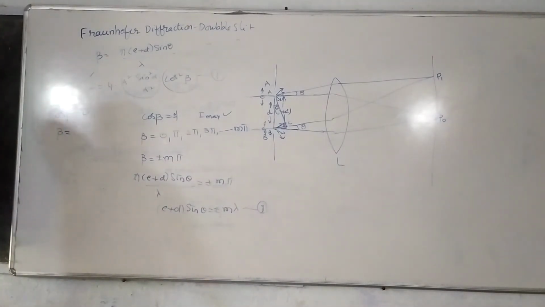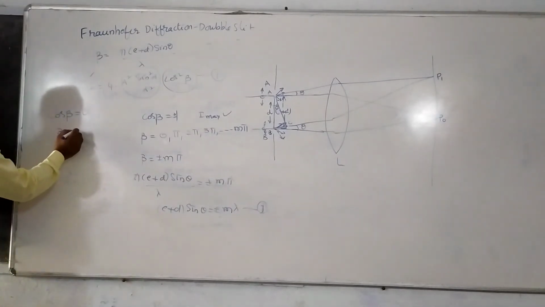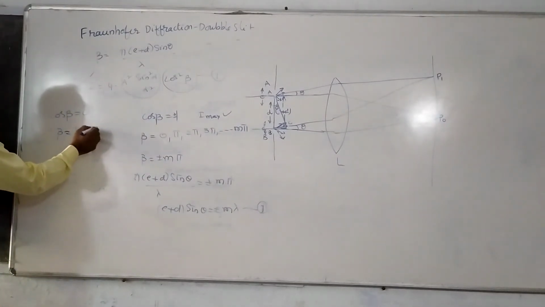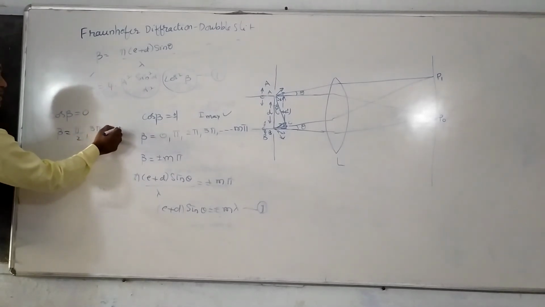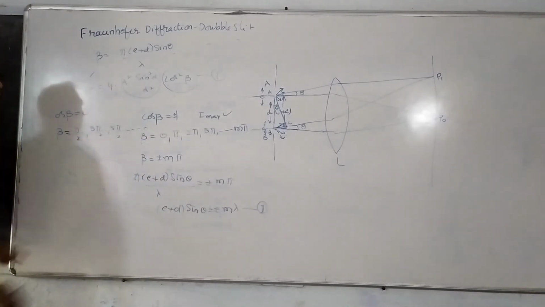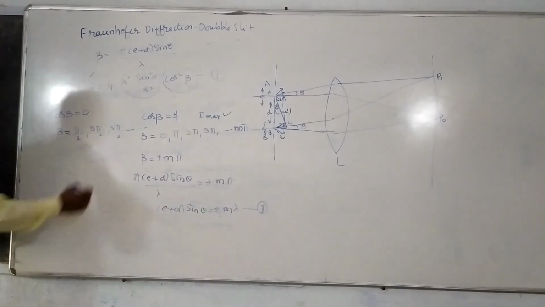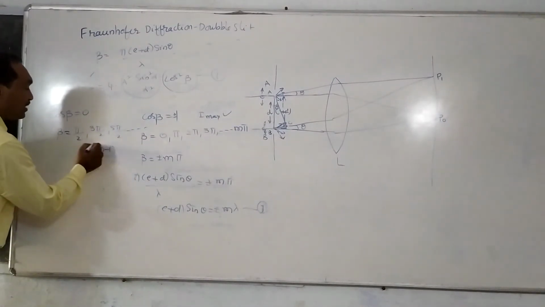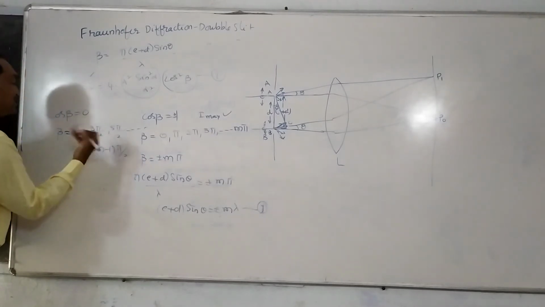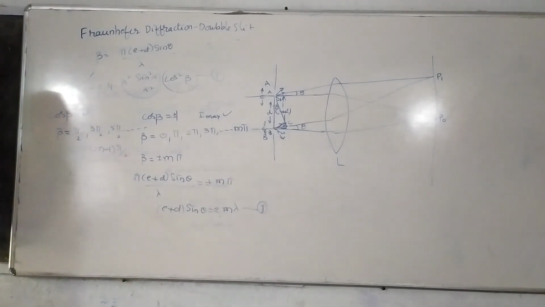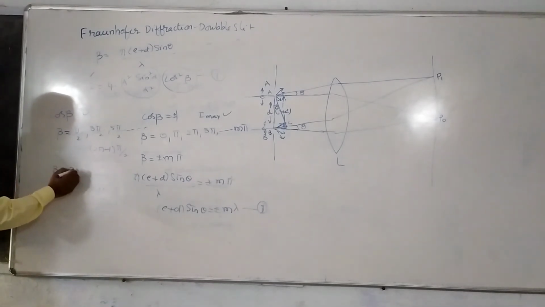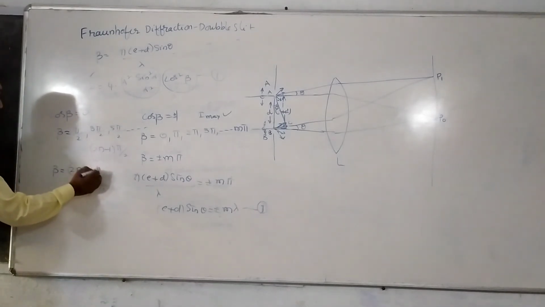Cos 90 value is 0. 90 degrees is nothing but pi by 2, 3 pi by 2, 5 pi by 2, and so on. 1, 3, 5 are odd numbers. From this, beta is equal to 2n minus 1 into pi by 2.